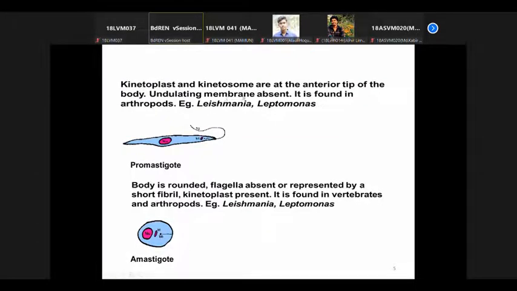Undulating membrane absent. No undulating membrane in promastigote, and it is found in the arthropods, especially in the case of Leishmania and Leptomonas. The stage is found in the genus Leishmania and Leptomonas.